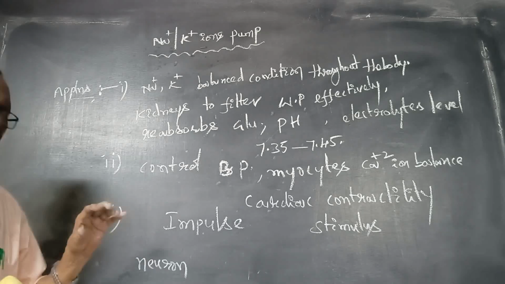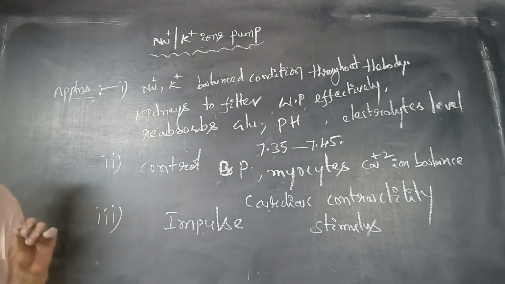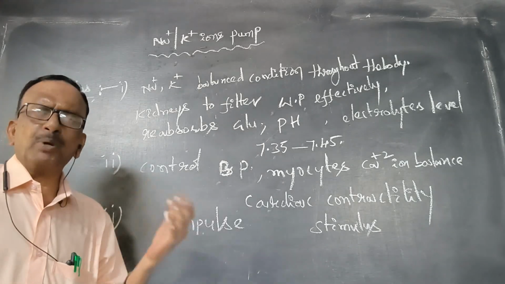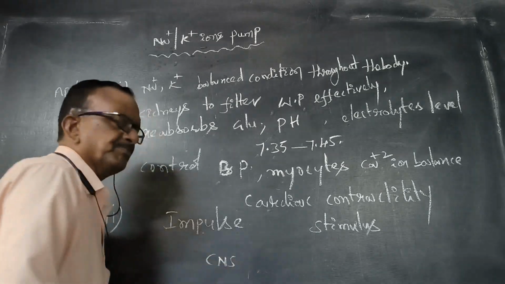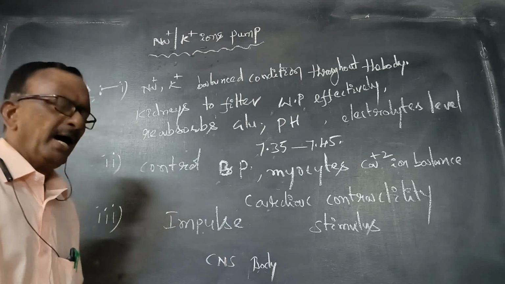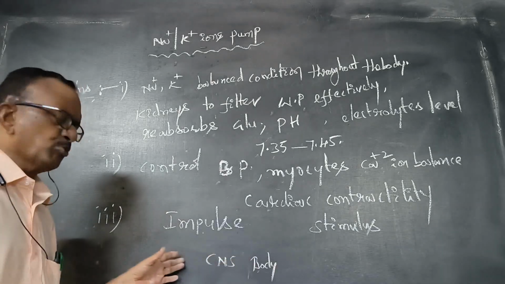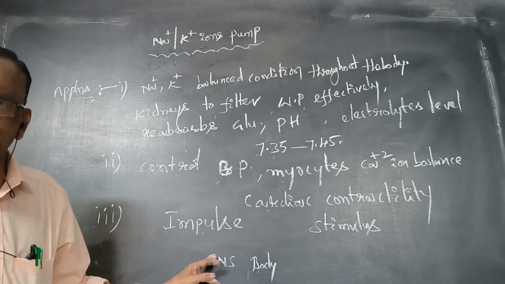I am not going into the details of the structure of the nerve cell. In the case of nerves, information passes from the central nervous system to the body, and from the body also information moves through the nerves and reaches the central nervous system.